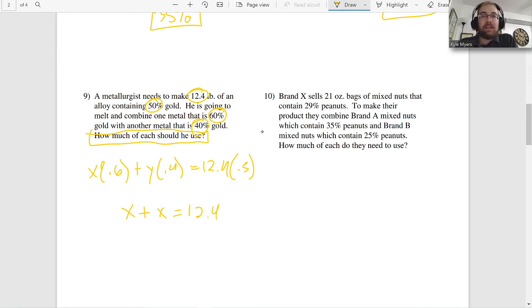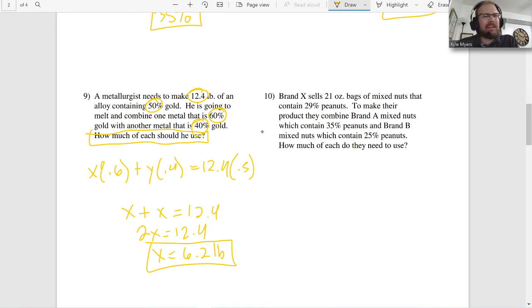I need the same amount of the first solution as the second solution. So that means I just need 6.2 pounds of each one. That could have been a lot worse.